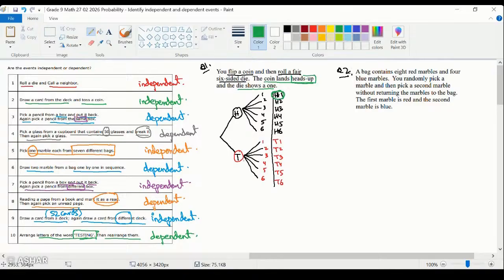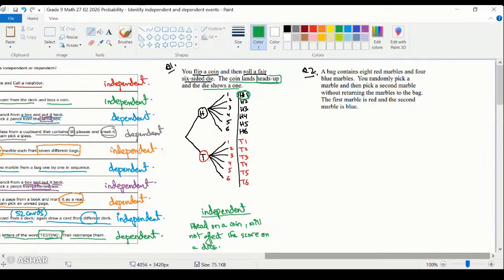So we can say this event is independent, because getting a head on a coin will not affect the score on a dice, right? So this would be an independent event.